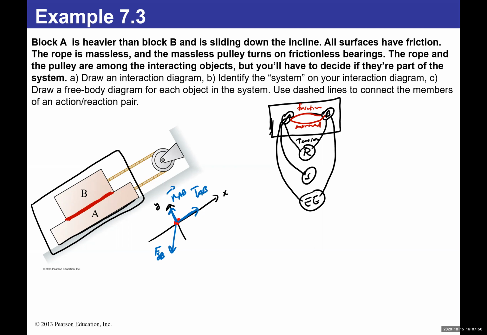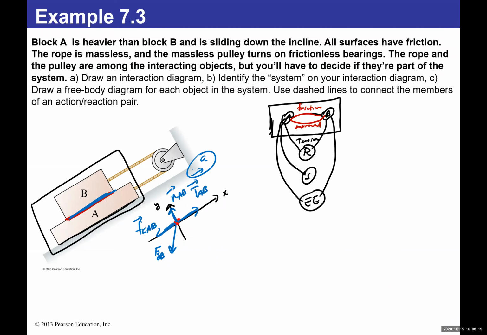There's also a friction because of the surface, so there's also F of K, and this is A on B, A acting on B. So those are all the forces acting on block B. So 1, 2, 3, 4 forces, and there's an acceleration upward, right?